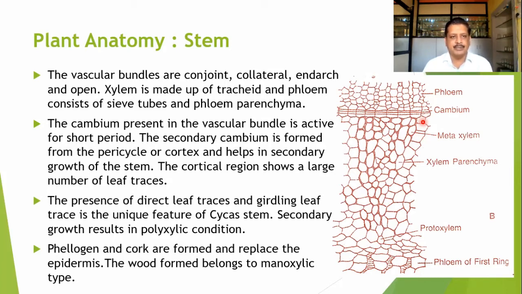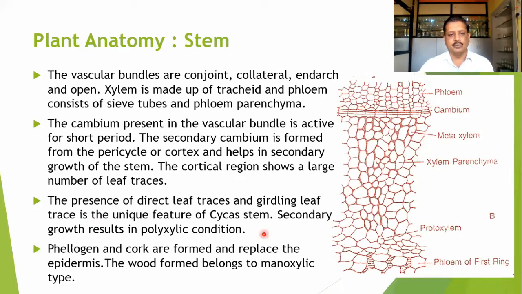The secondary cambium can be formed from the pericycle or cortex and helps the secondary growth in the stem. Secondary growth is a perennial character of this particular genus Cycas, and the cortical region shows a large number of leaf traces. The presence of direct leaf traces or girdling leaf traces is a unique feature of the Cycas stem.